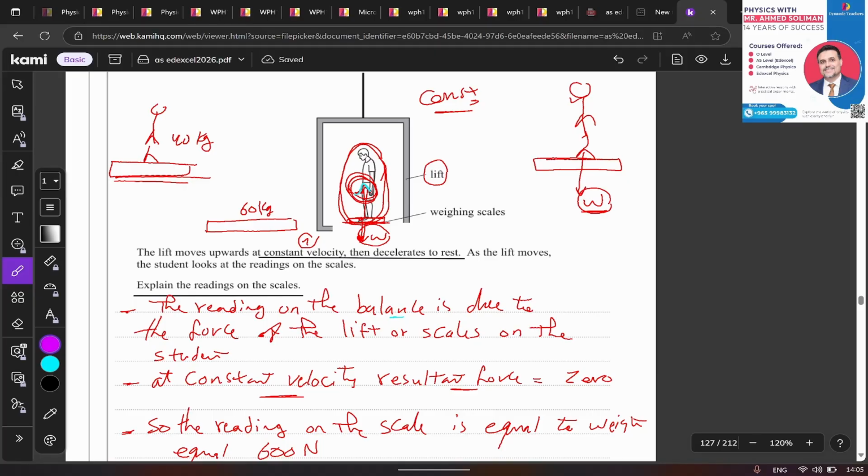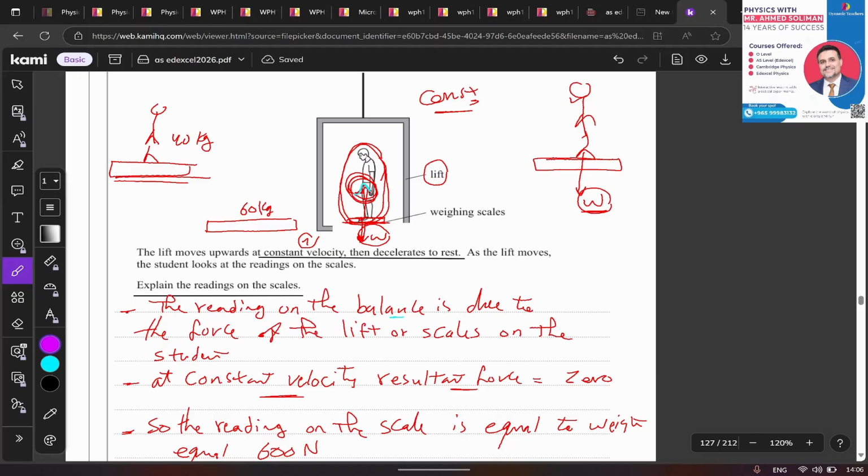And we need the reading. Does the reading of the balance depend on the force exerted on the balance by the lift, or will it be affected by the person standing on it? The person standing on it. And the reading is not the weight directly, it will be the reaction force from the scale to the person.